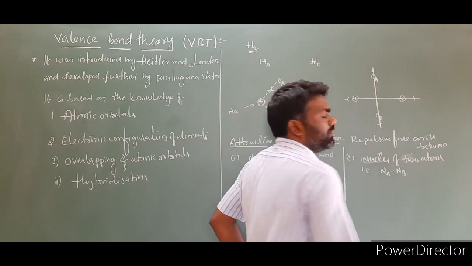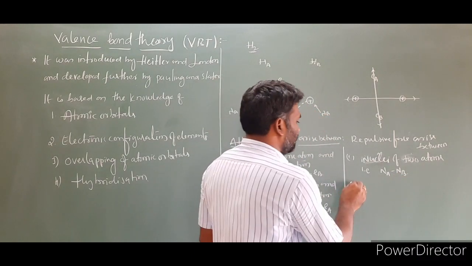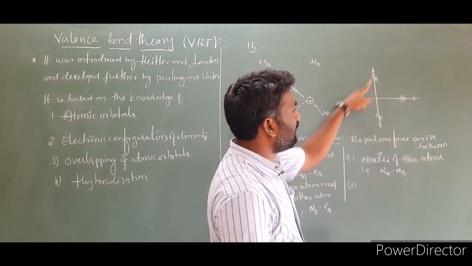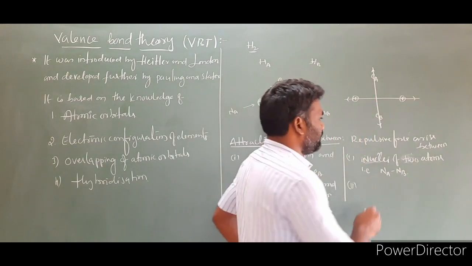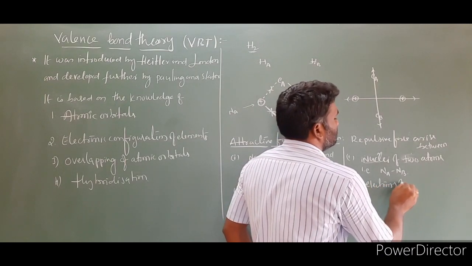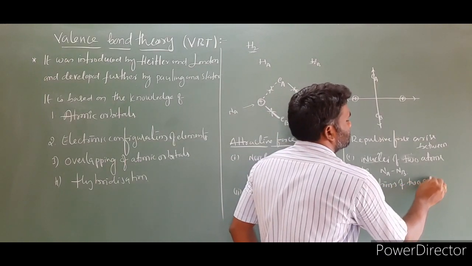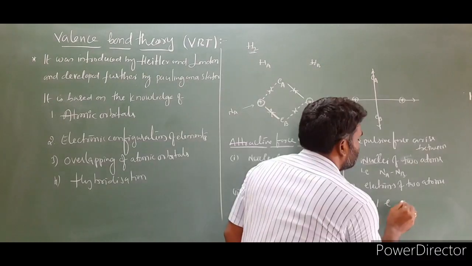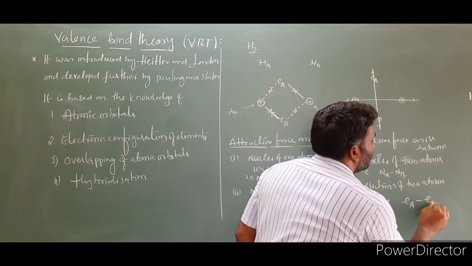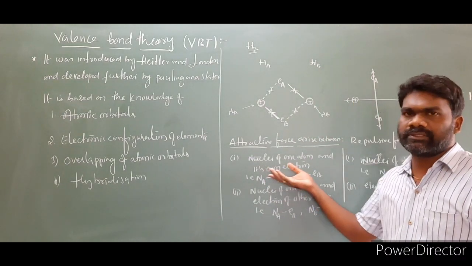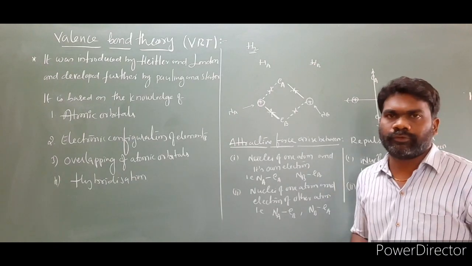This is one repulsive force. What is the other repulsive force? Ea and Eb, the electrons of the two atoms. So these are the repulsive forces, and those were the attractive forces.